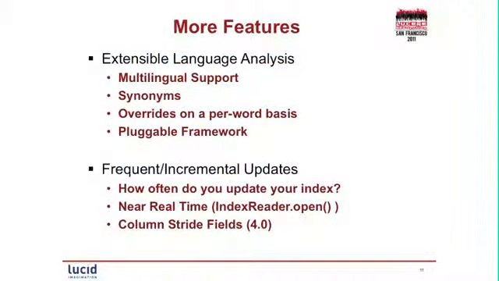And at the end of the day, all of that language analysis stuff is all pluggable, and that's probably one of the most common places that people actually plug in their own analysis capability, or extend Lucene or Solr. So that can be pretty effective as well.